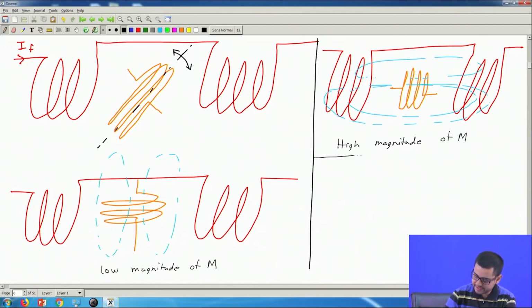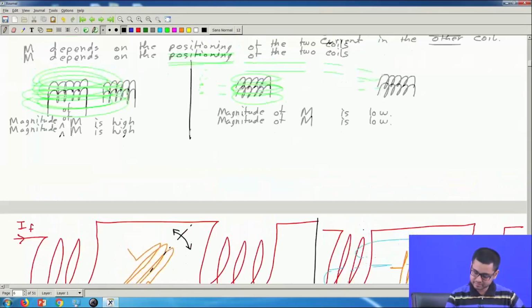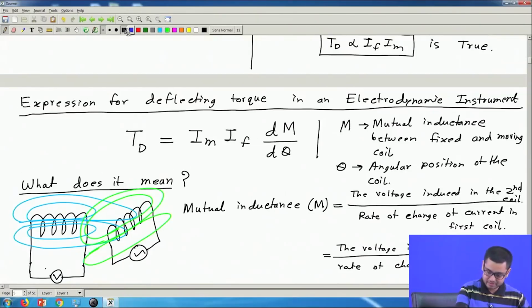So, essentially we see that M depends on the angle between the two coils, theta, or the angular position of the moving coil. So, we can write M as a function of theta, and if so, then we can take the derivative dM d theta, and this is what we have in this expression for the deflecting torque.